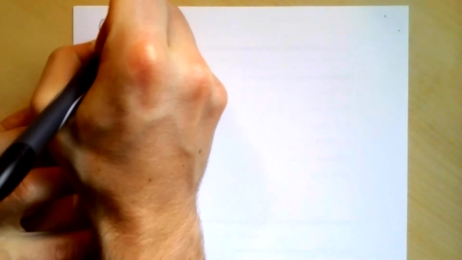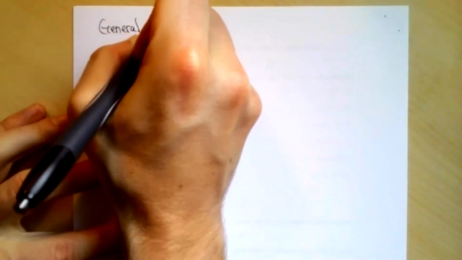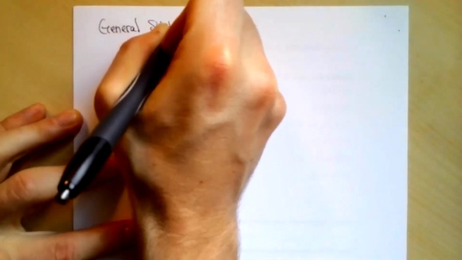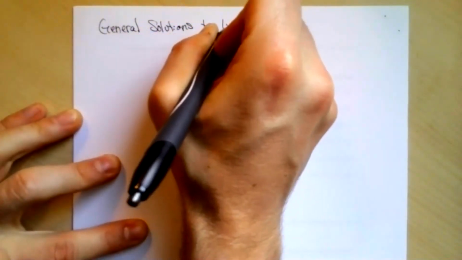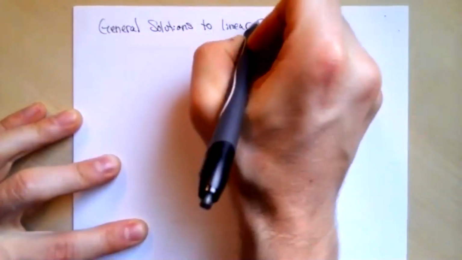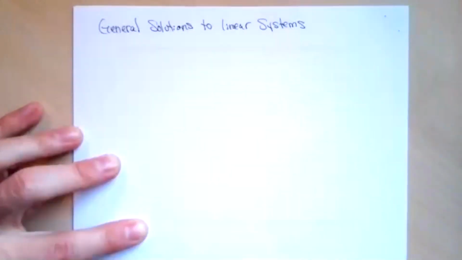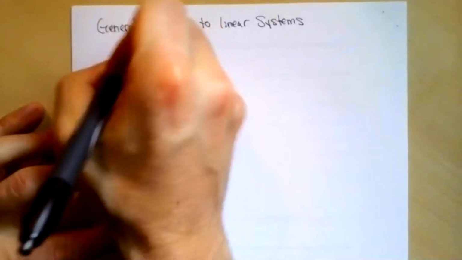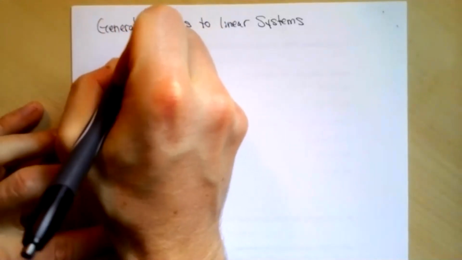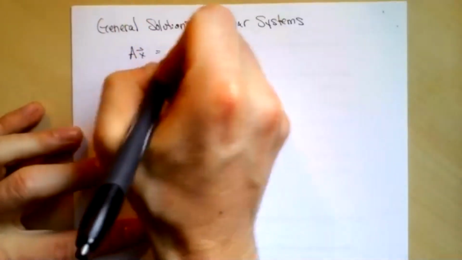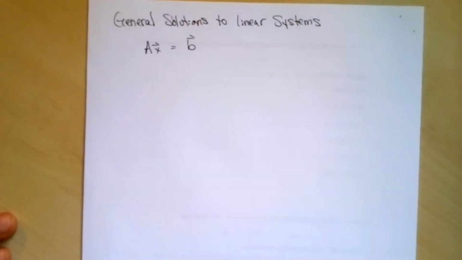So our general solution to linear systems. If we have a matrix system of equations, we've shown that we can kind of boil it down into a format of AX equal to B, where A is usually the matrix representing some transformation.